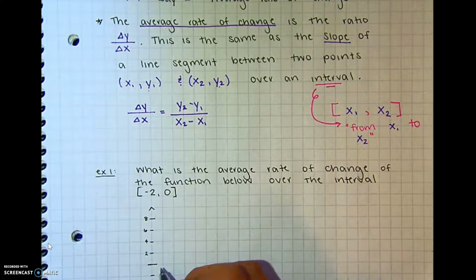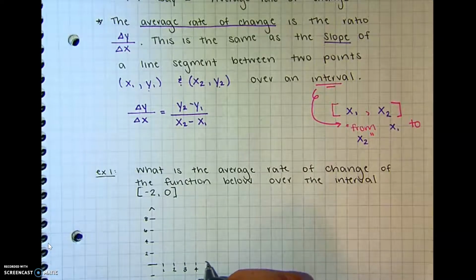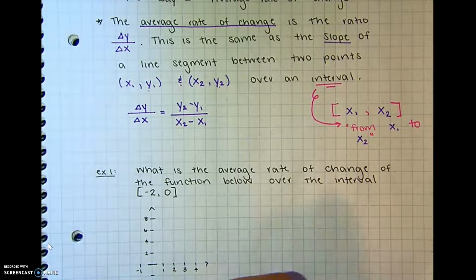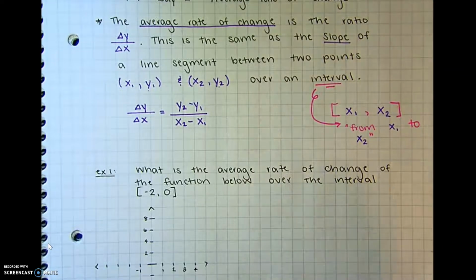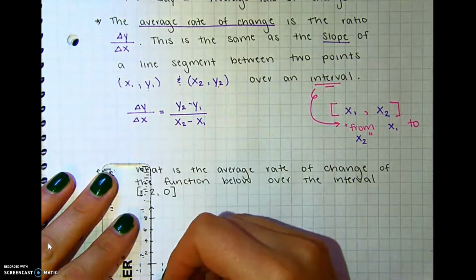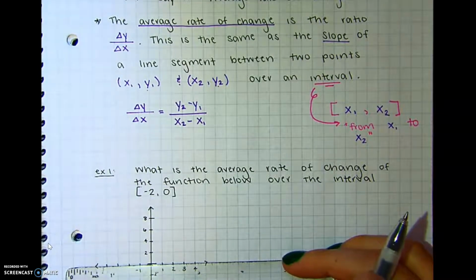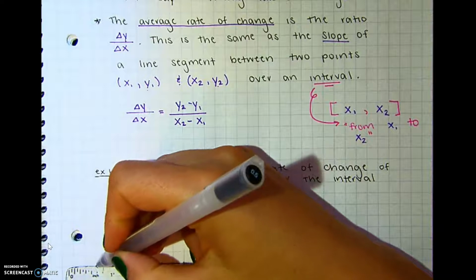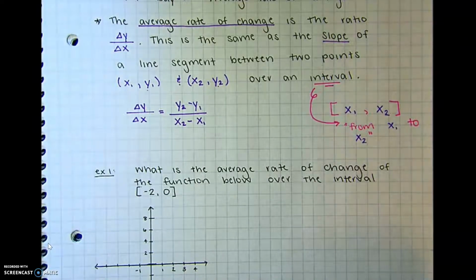And then my x values, I'll do a scale of 1. And we'll go all the way up to 4. Right, and then we're going to make a parabola.